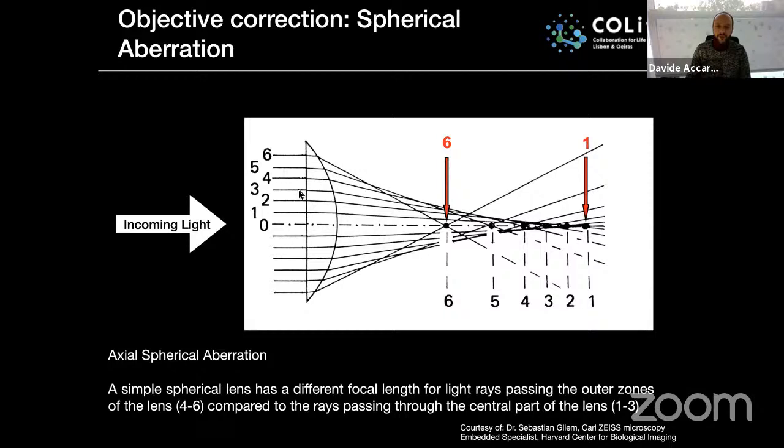And the spherical aberration is caused by the fact that the rays of light that pass through the lens in the outer part, indicated here in this scheme from 4 to 6, will be focused closer to the lens, and the rays of light that pass through the central portion of the lens will be focused farther away. And here are the rays pointed with the numbers that go from 1 to 3.